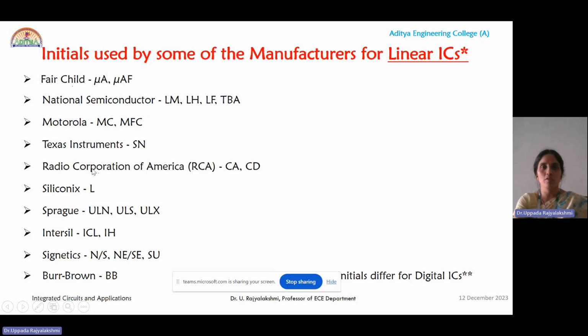For Radio Corporation of America, the initials used are CA and CD. For Siliconix, the initials used are L. For Sprague, the initials used are ULS and ULX. For Intersil, the initials used are ICL and IH. For Signetics, the initials are N or NE or SE or SU. And for Burr-Brown, the initials used are BB.